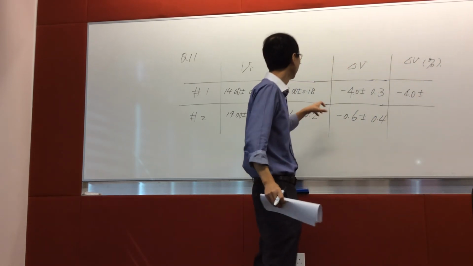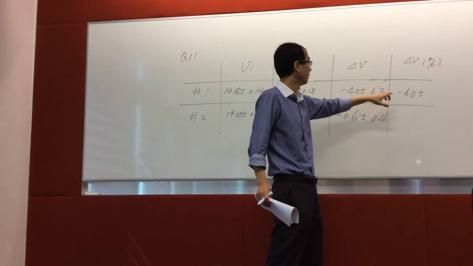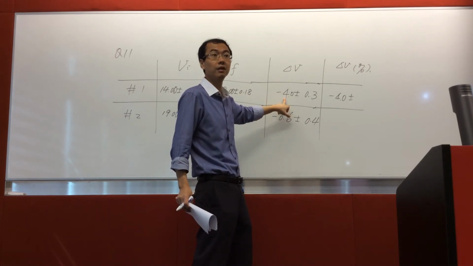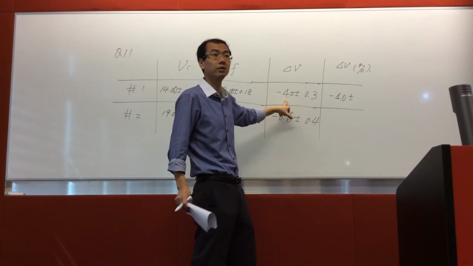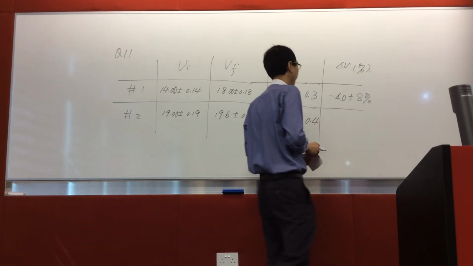If you want to calculate the fractional uncertainties, then for this one you use 0.32 divided by this one, you have 8%.